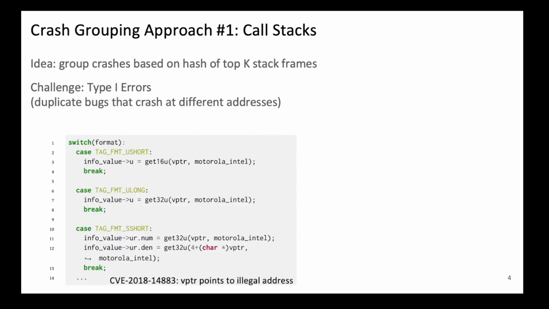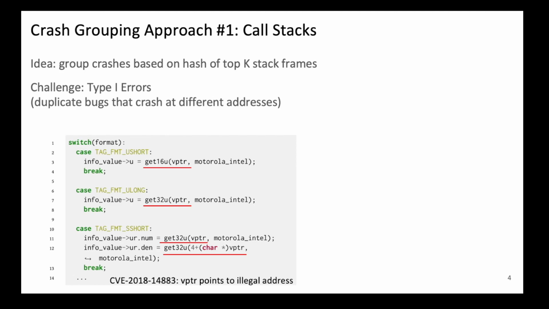For example, in this code snippet, before the program enters the switch branch, due to an overflow, the VPTR pointer was overwritten with an illegal address. Therefore, as long as the VPTR pointer is dereferenced, the program will crash. We see that there are opportunities to use VPTR in lines 3, 7, 11, and 12 in the example.